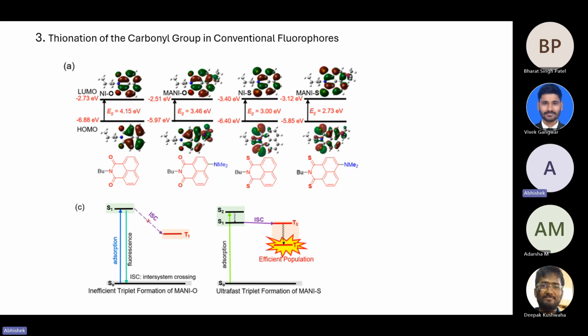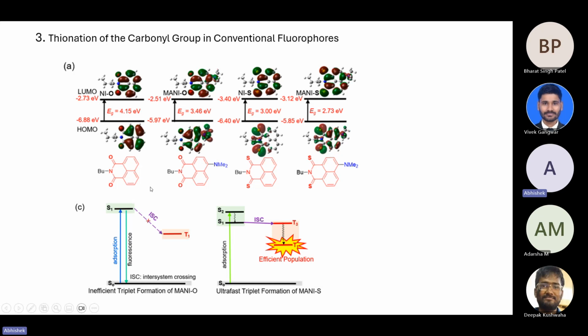She's saying that these naphthalimide derivatives are already reported. So when these naphthalimide derivatives have oxygen replaced by sulfur, this enhances the intersystem crossing.